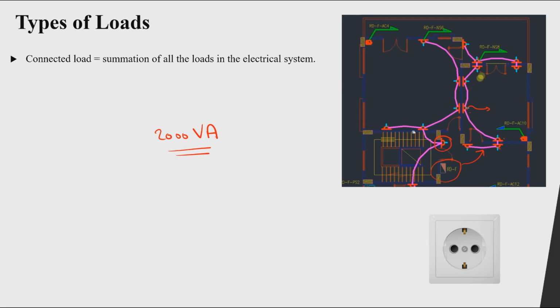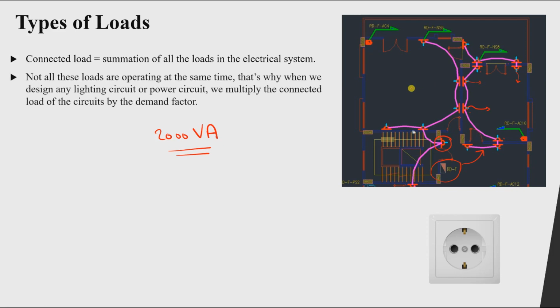Another time, I could be connecting a refrigerator, for example. I can be connecting a microwave and so on. So not all of these sockets will be used at the same time. That's why, when we design, we have to consider something which we call the demand factor.